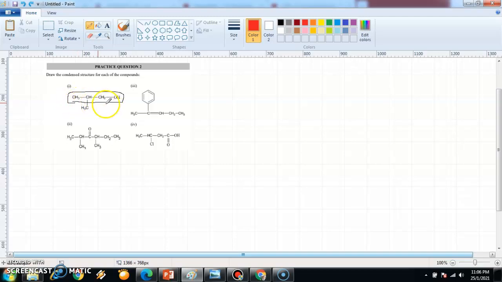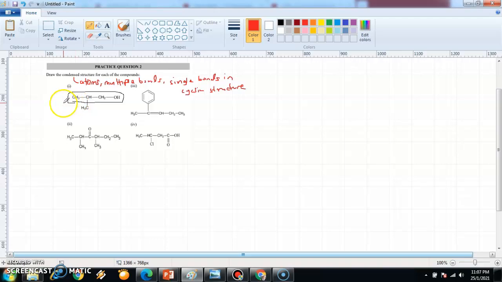Here is the longest carbon chain, which consists of 3 carbons. Remember, in a condensed structure we only show the atoms and also multiple bonds, double bond or triple bond, and single bonds only in a cyclic structure.